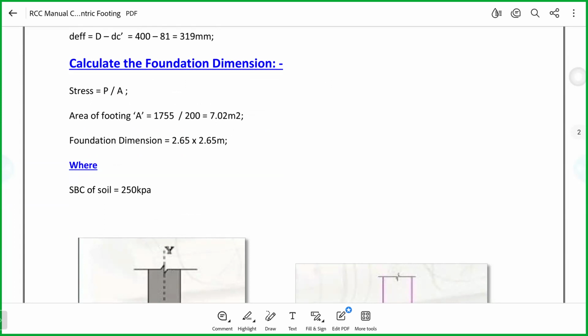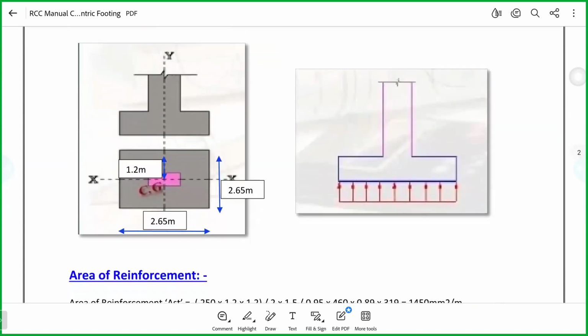So when we do this, you will get the area is 7.02 square meters. When we take the square root, you will get the dimension of the foundation, which is 2.65 by 2.65. This is called the foundation dimension.